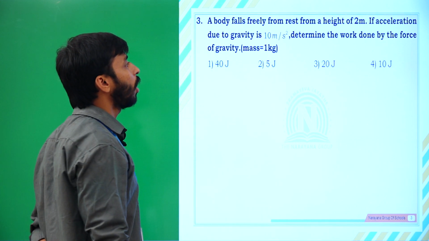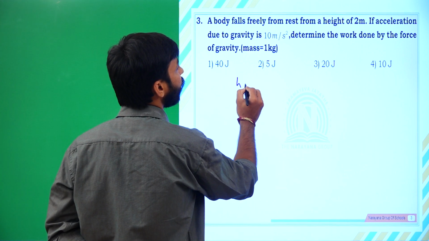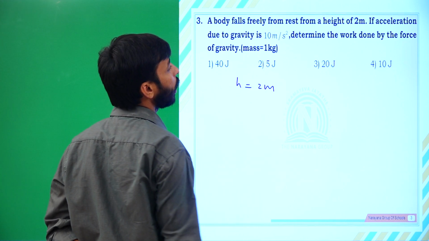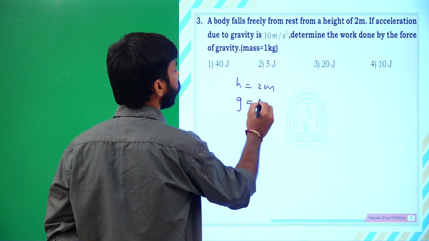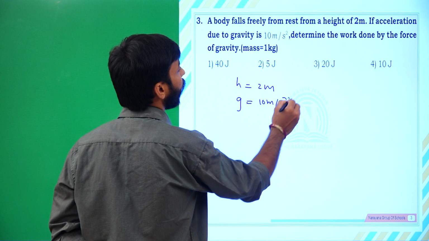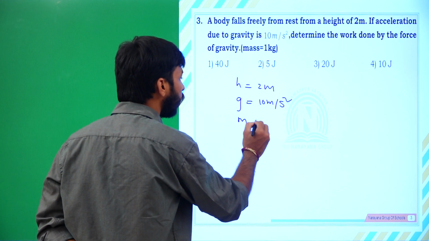Third question: a body falls freely from rest. Here the height is equal to 2 meters, and the acceleration due to gravity G is given, that is equal to 10 meter per second square. Determine the work done by the force of gravity, where M is equal to 1 kg.